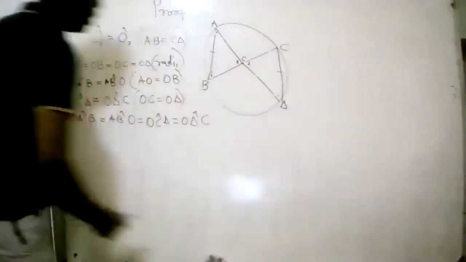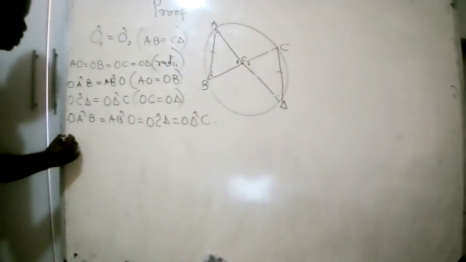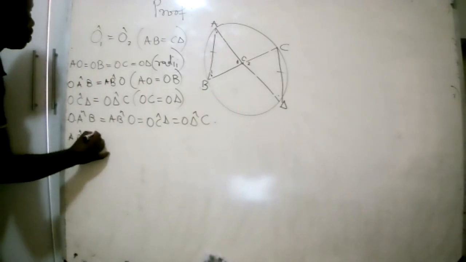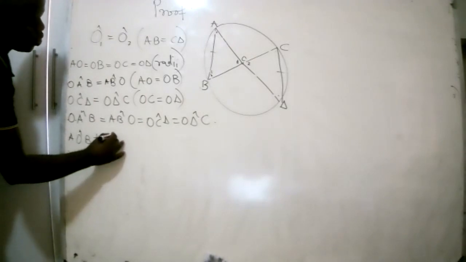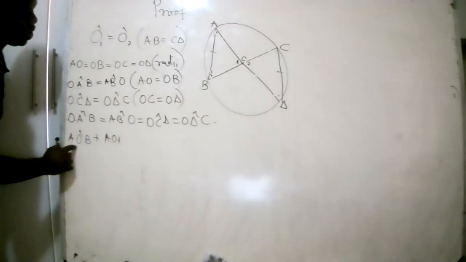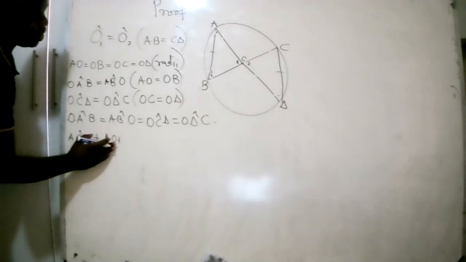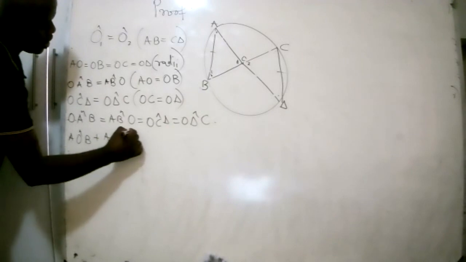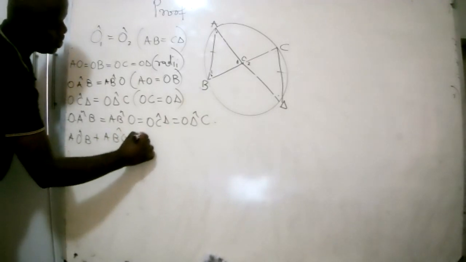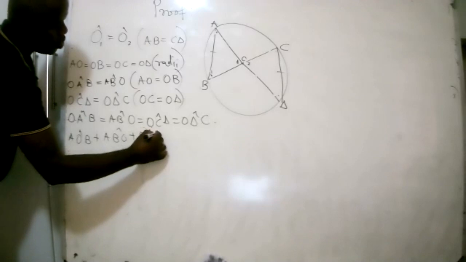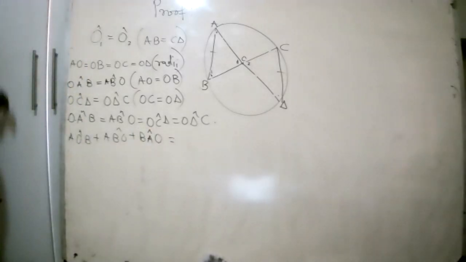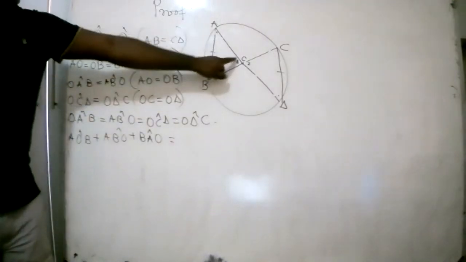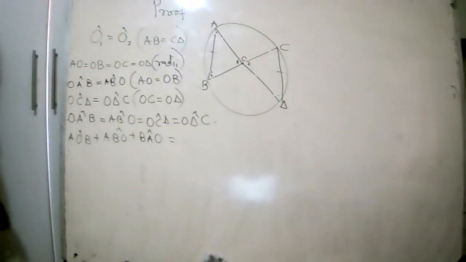So now when we calculate for angle O1, this is what we're going to get: angle AOB plus angle ABO, and then the last one is angle BAO. Can any one of you tell me what that will be equal to?